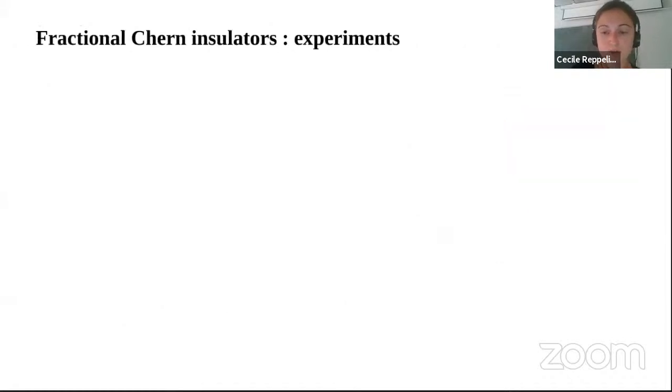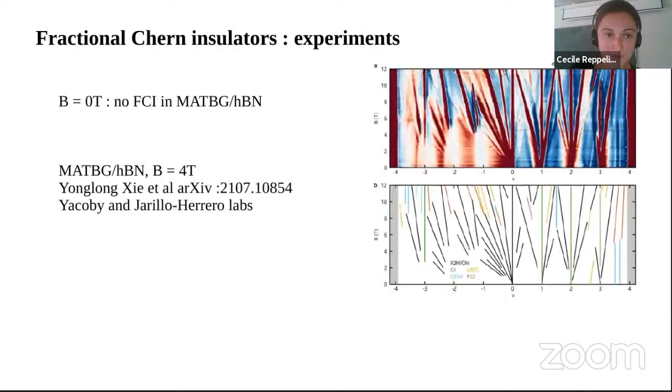And I just wanted to finish by saying a few words about experiment in that field. So no fractional Chern insulator, no fractional Hall state has been seen in the complete absence of a magnetic field, not in twisted bilayer graphene and not in any other system.